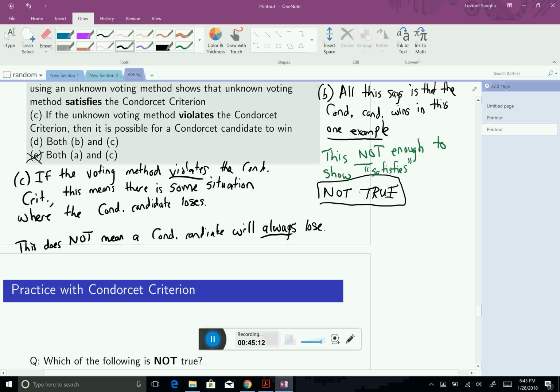Okay, so again, if the voting method violates the Condorcet criterion, that means that there's some situation where the Condorcet candidate loses. It does not have to happen all the time. So the Condorcet candidate will not always lose. There definitely could be situations where the Condorcet candidate wins.